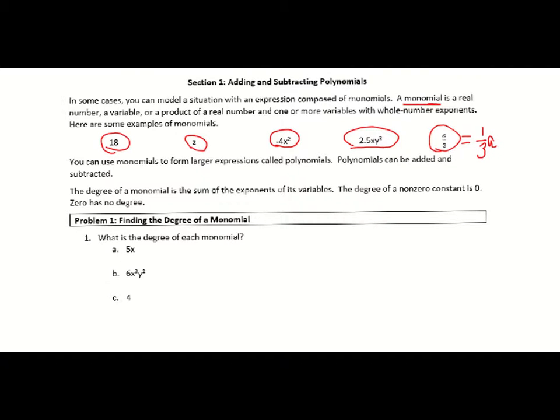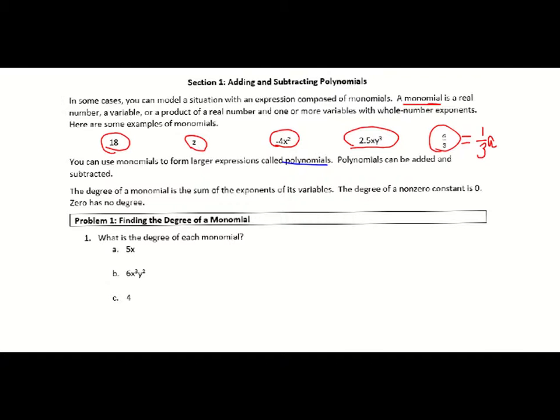It's important to know that a over 3 and 1/3 a are equivalent to each other. Now, we take these monomials and we add and subtract them together to make larger expressions called polynomials. Polynomials are when we start doing the addition and subtraction, although we can just add and subtract monomials.